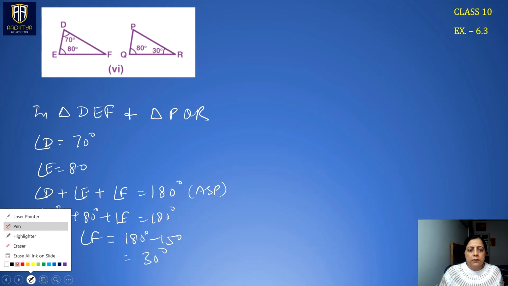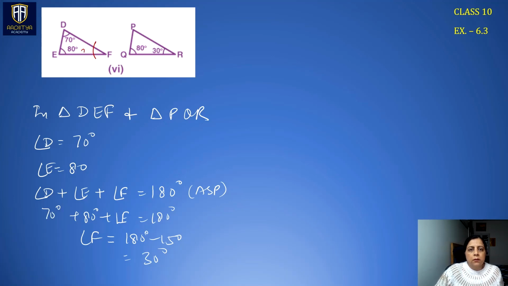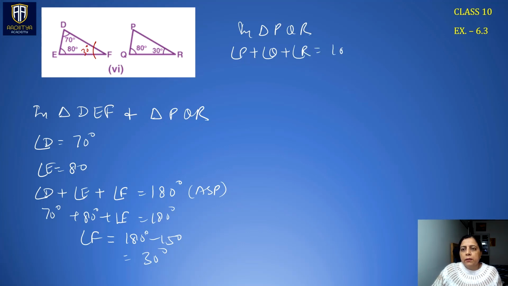So I am marking this angle as 30 degrees, right? Here also in triangle PQR, angle P plus angle Q plus angle R is 180 degrees. Angle sum property, right? So two angles are given: angle P we don't know, angle Q is 80 degrees, angle R is 30 degrees.